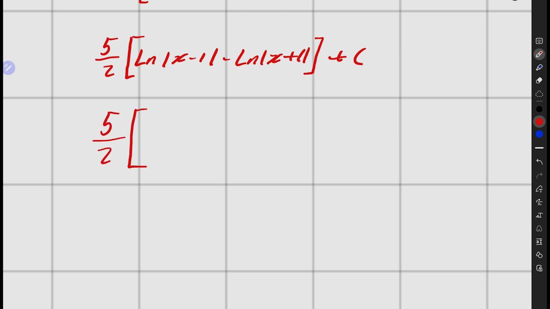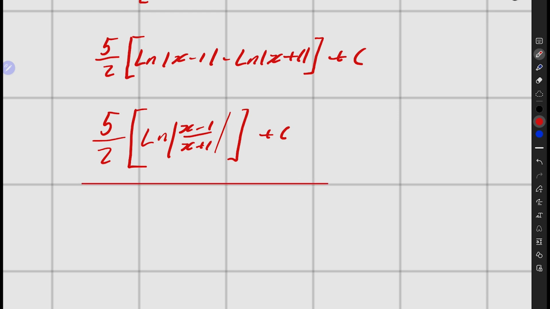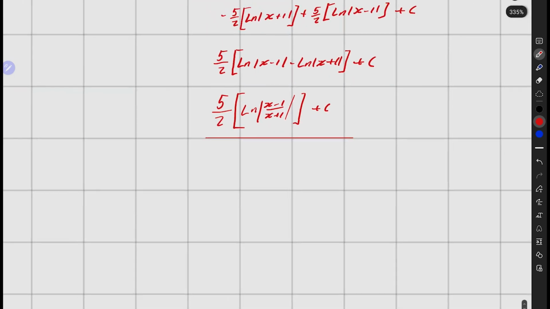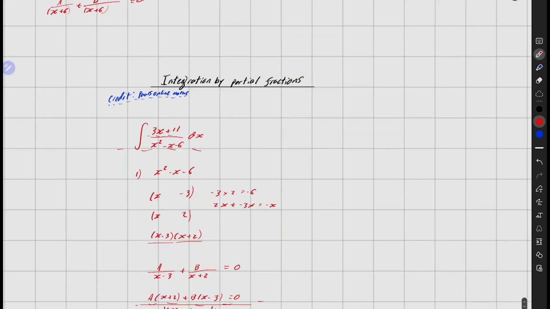By the way, you don't have to. This is a perfectly valid answer, so you can just leave it like that if you want. But if you know your log laws, you can do ln of x minus 1 divided by x plus 1, plus c. And we'll leave it like that. Maybe you could go even further if you wanted to, but that's pretty good. So we're going to leave our integral like this.